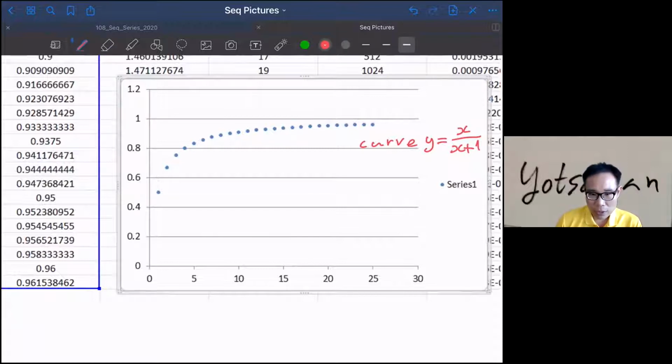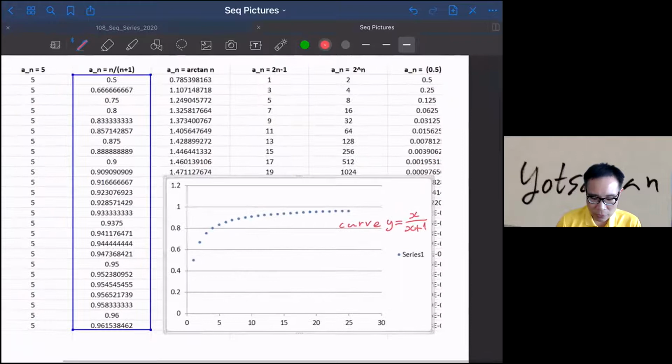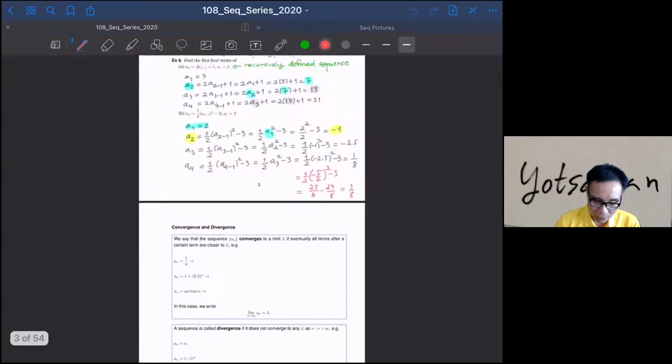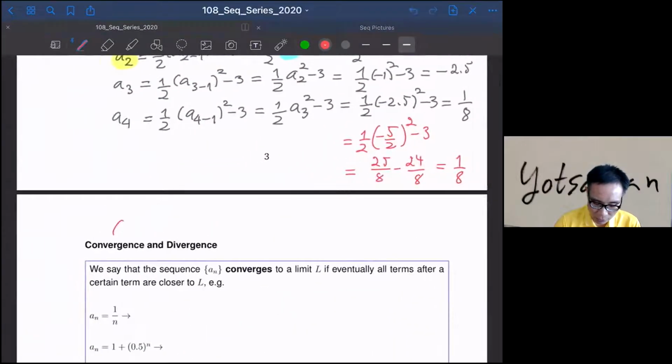So we're going to discuss the limit as n goes to infinity. For convergence and divergence here, it's about the limit as n goes to infinity of a_n, so we are computing this.